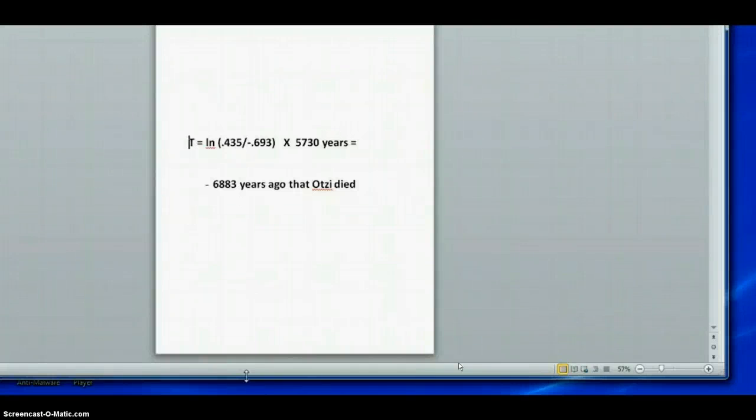So if we use the same equation and we substitute in 0.435 for the proportion of carbon-14 left in Otzi and multiply the data out, we find out that 6,883 years ago it was that Otzi died.